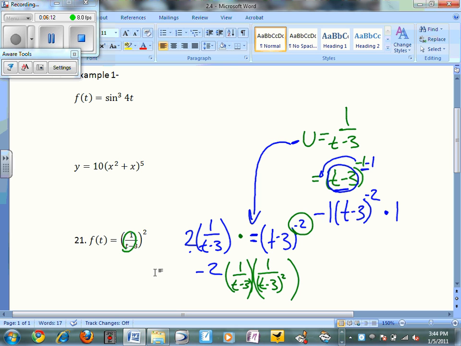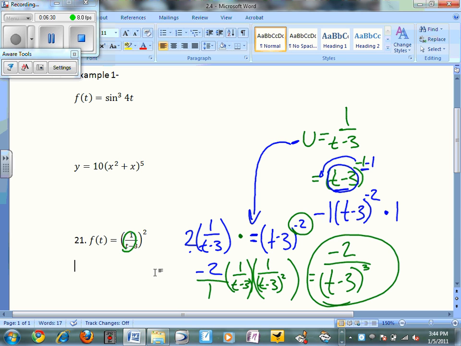And now I can multiply fractions straight across. I got negative 2 times 1, which equals negative 2. And then I have a 1 times a t minus 3 times a t minus 3 squared, which is really just t minus 3 cubed. So the derivative of this function over here is negative 2 over t minus 3 cubed.